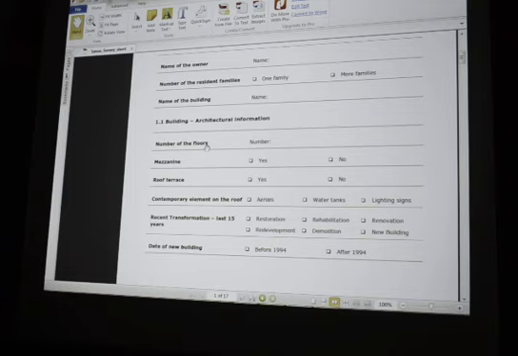Then to know what are the contemporary elements on the roof, and you can see here aerials, water tanks, lighting signs. This is an important issue because the roofs in Sana'a are mostly accessible, and it's very easy from every house to see the rest of the city from above.